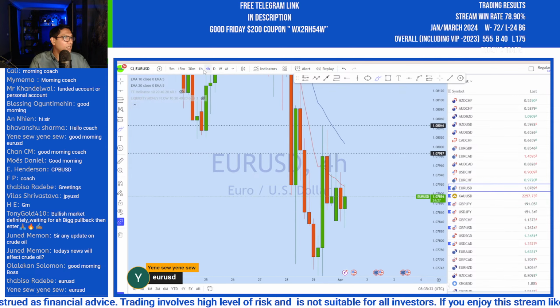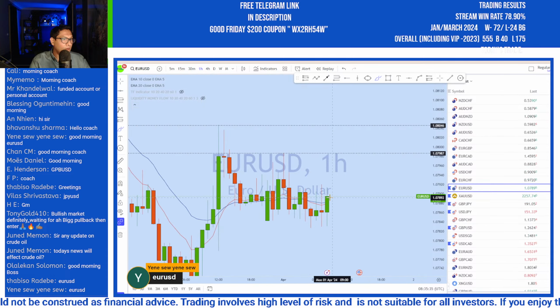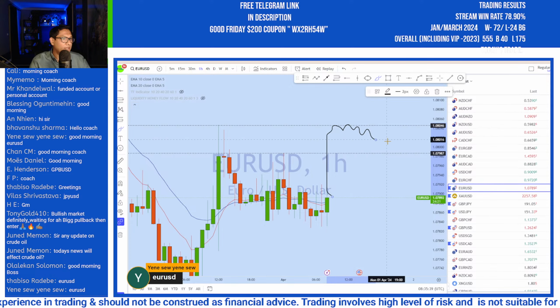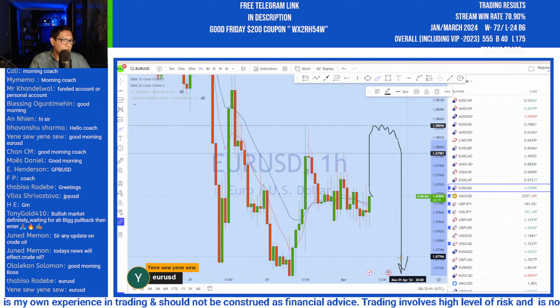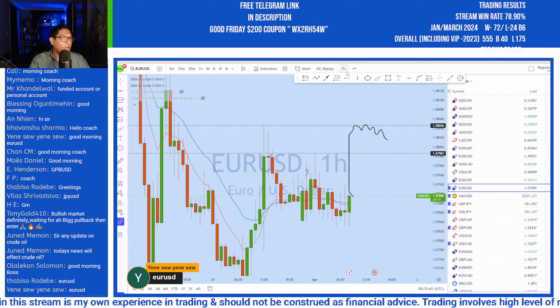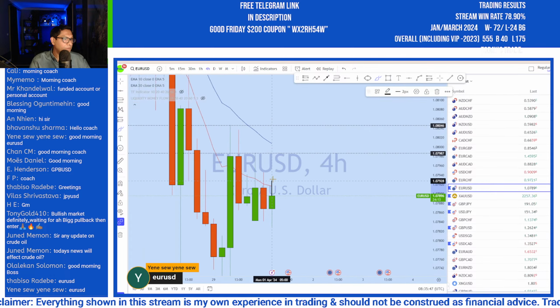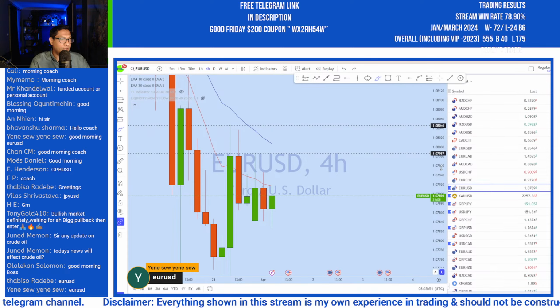So we will be waiting on EURUSD for the price to move up to this zone where there is high liquidity, and then we will be looking for an entry opportunity. I think we might see an initial bounce, especially above the 1800 level.